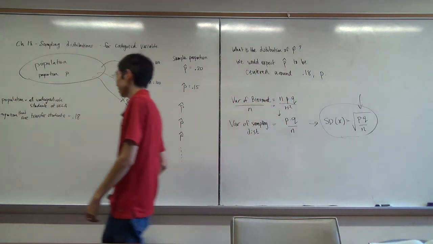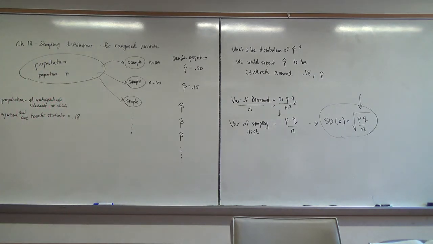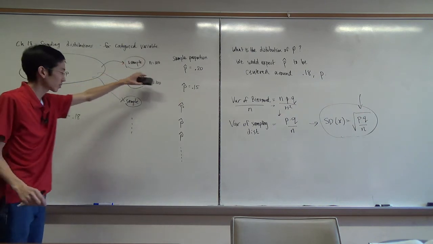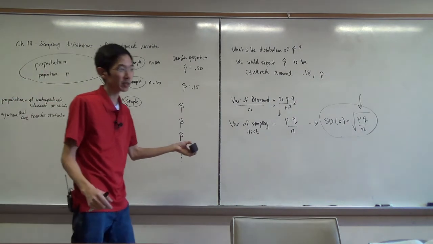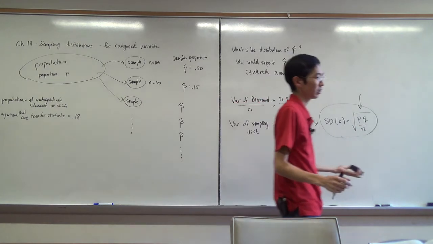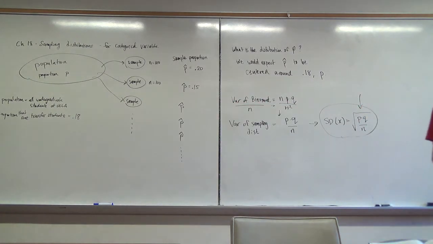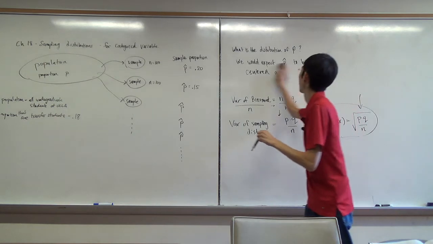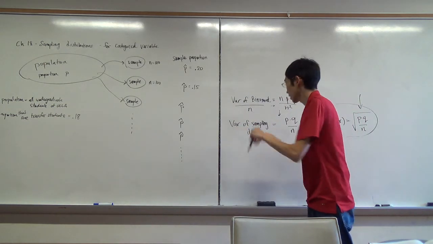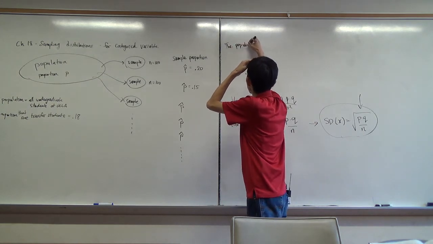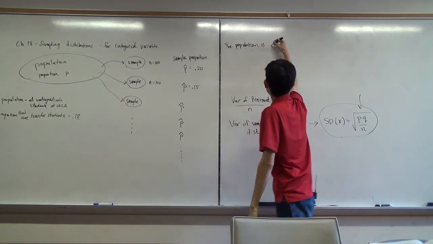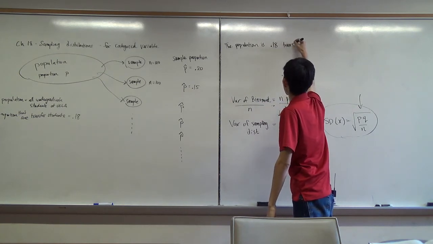Okay. So then I could say: if I'm taking a random sample of 100 students, where the population is 18% transfer students, what's the probability that my random sample of 100 students ends up being 20% or more transfer students? So we will say the population is 0.18 transfer students.